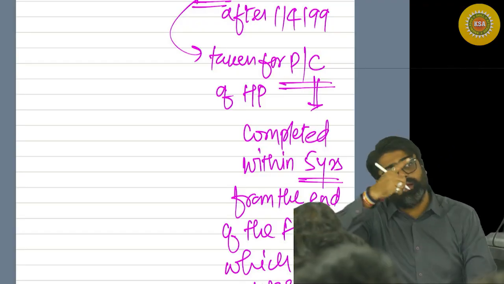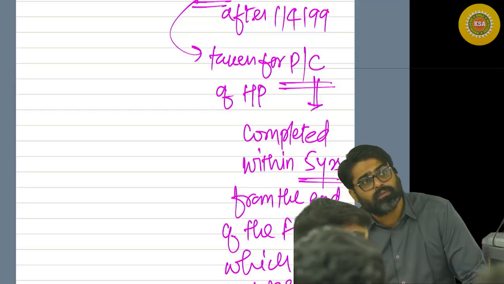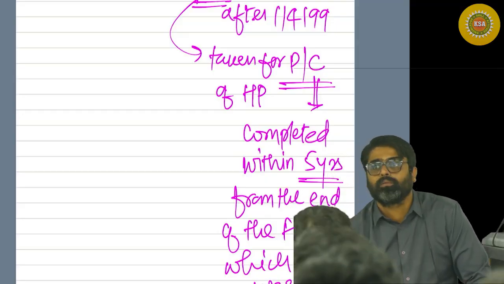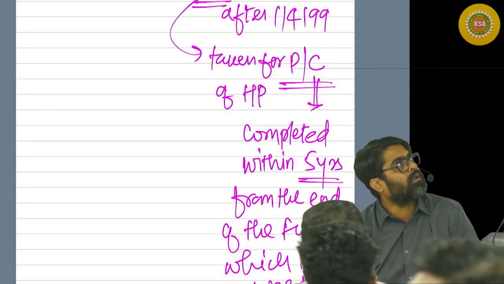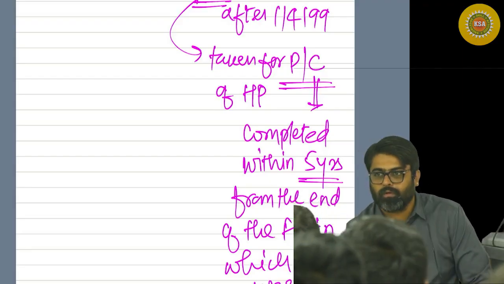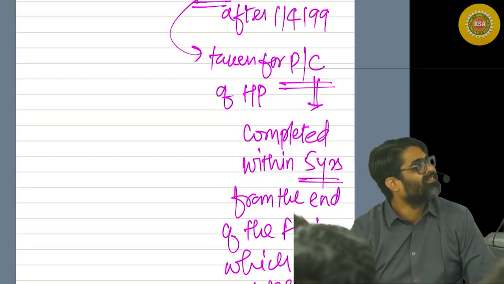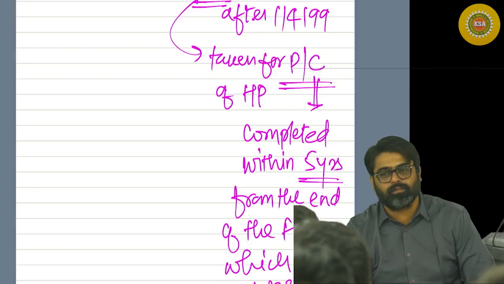These ACs are working. This AC is working. This is on. Not on. How did it start all of a sudden? Phone. Decrease the temperature. 20.